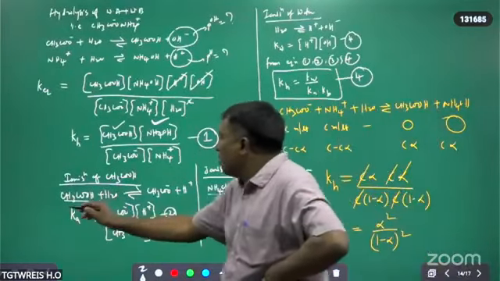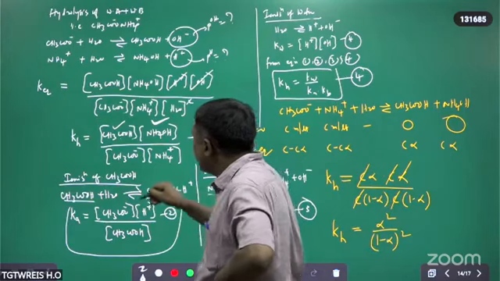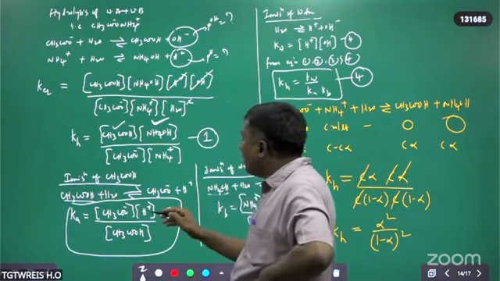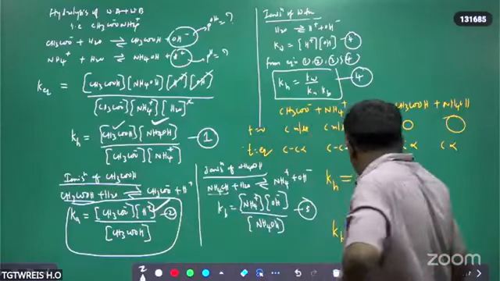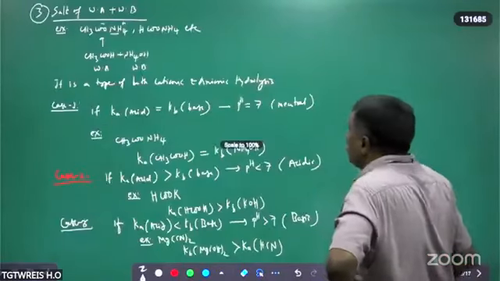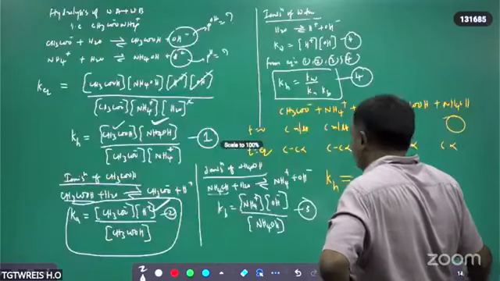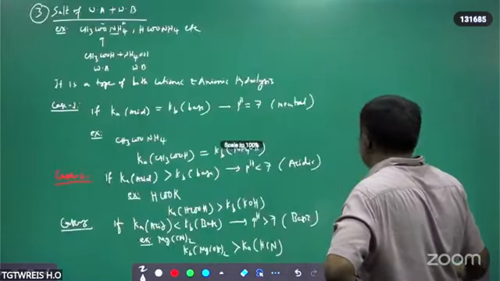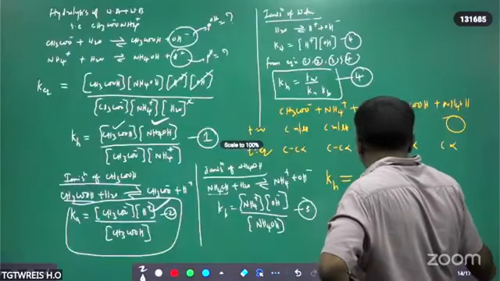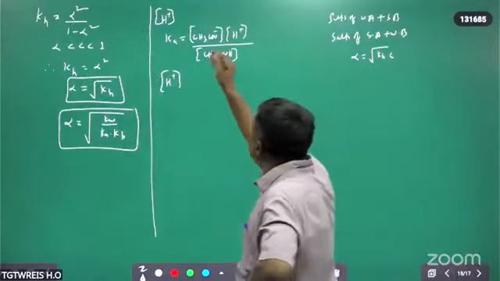So this is the Ka. From this expression, we are calculating what now? The H plus ion concentration.